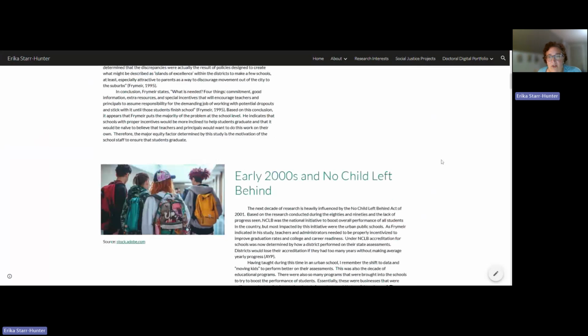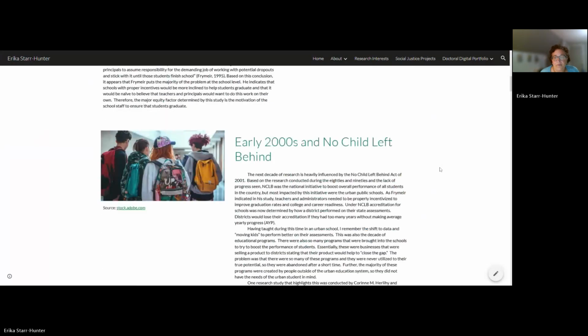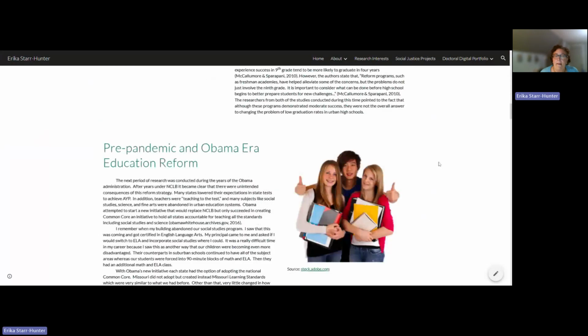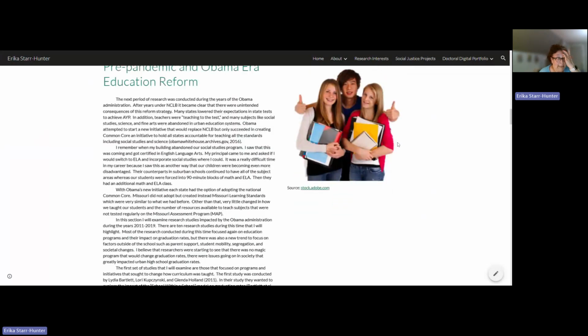we have the early 2000s with No Child Left Behind, which had a huge impact on urban education. We have pre-pandemic and Obama era education reform, which honestly did not change very much of the overall equity in the system.